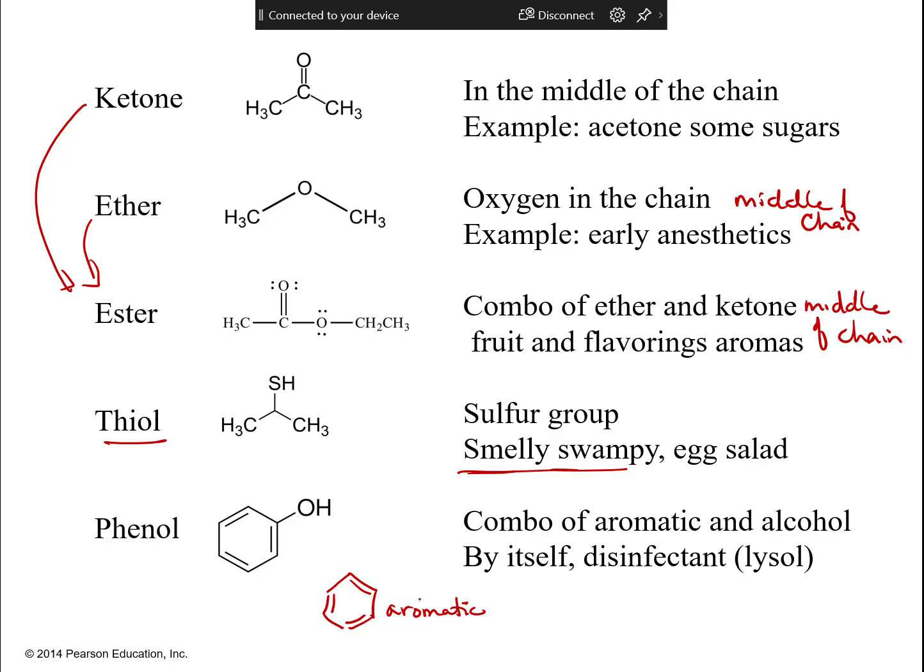Phenols were some of the earliest disinfectants that were used. In fact, phenol was used in the surgical setting. They realized, after many, many people died, that things like hand washing actually reduced hospital-acquired infections, surgical infections.